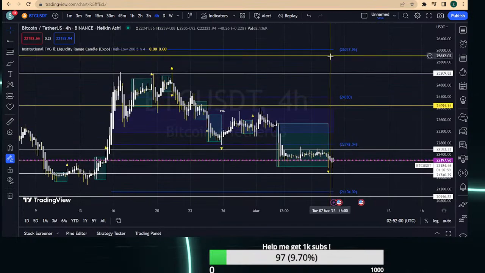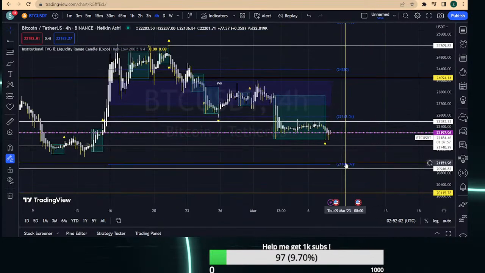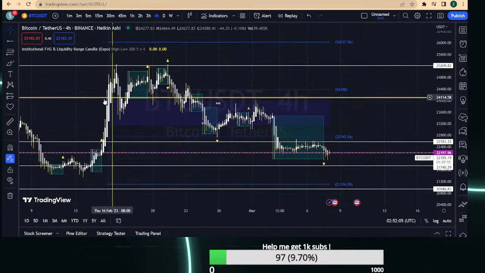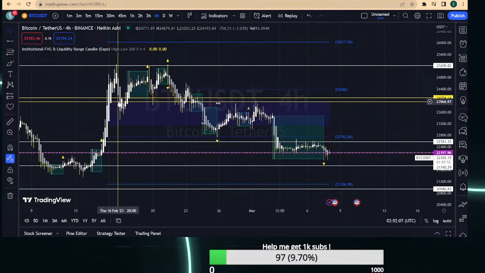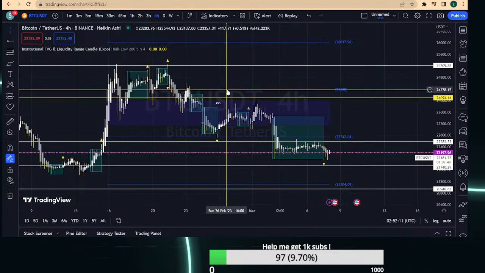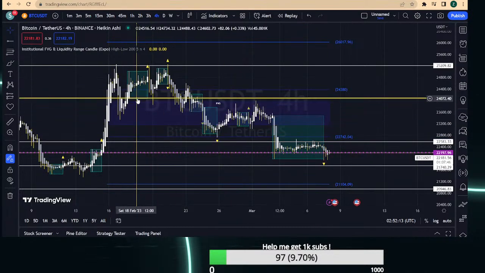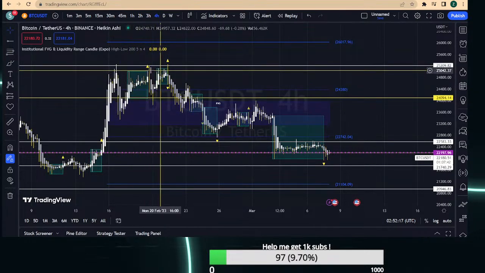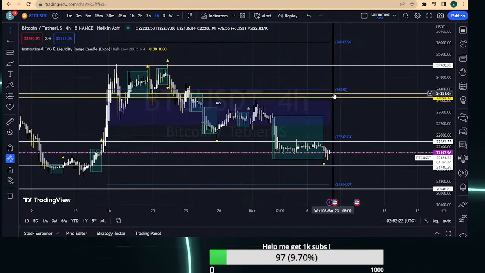The blue lines that are plotted are your SR levels, and this blue box here is a fair value gap, and these are created by institutions from move to move. This created a lot of liquidity, and they did it themselves between the two SR levels.